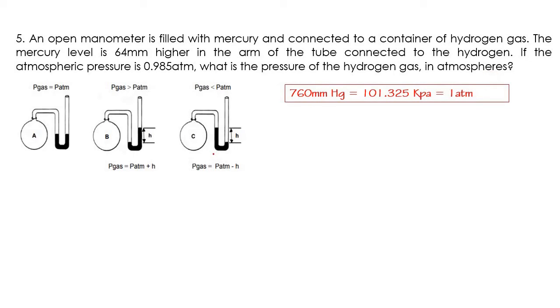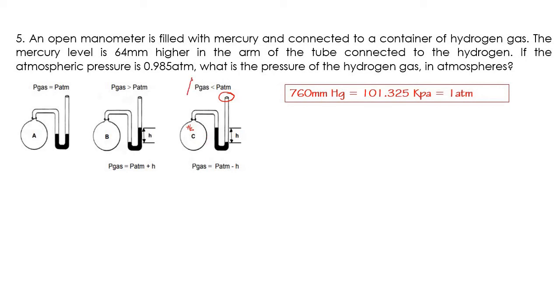So the problem says that the mercury level is higher in the arm of the tube connected to the hydrogen. So we have here the tube, and then one is exposed to the atmosphere and the other one is connected to hydrogen. So this is our hydrogen. It says in the problem that the mercury is higher in the arm of the tube connected to the hydrogen.